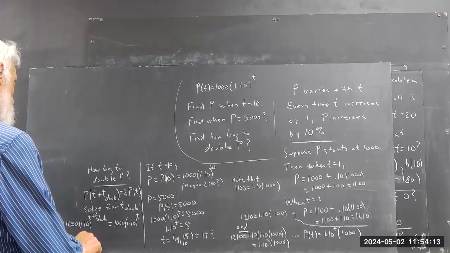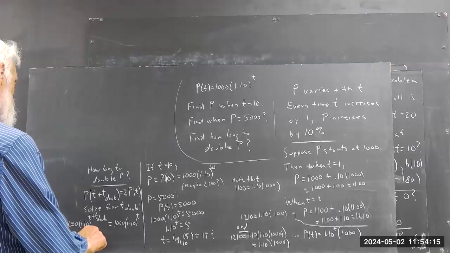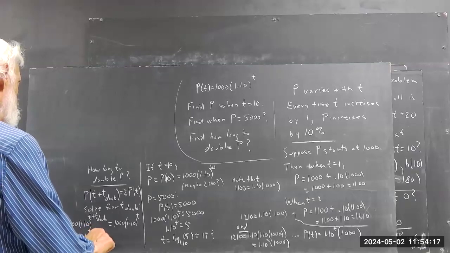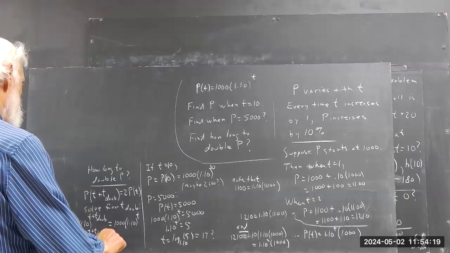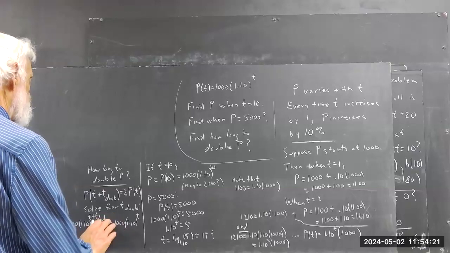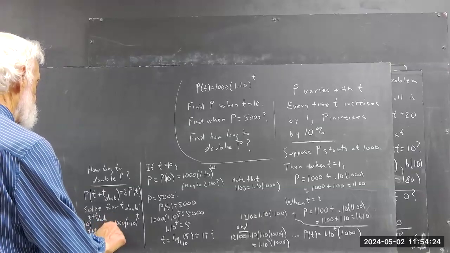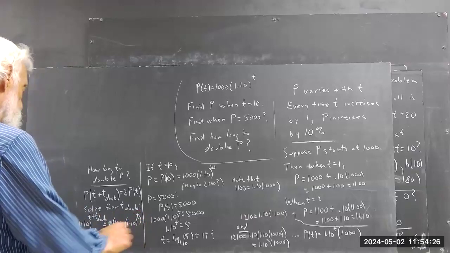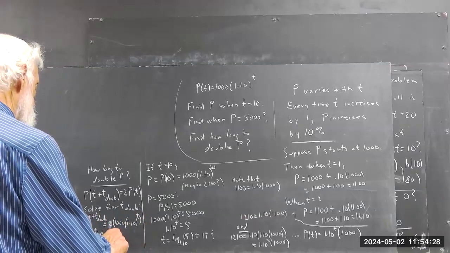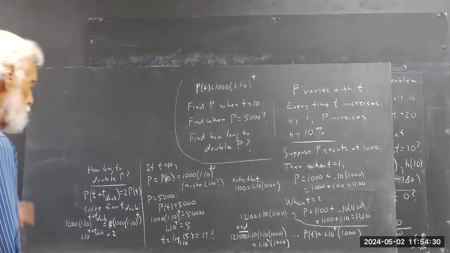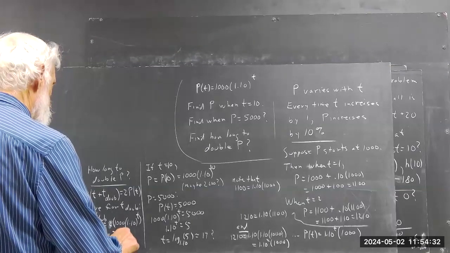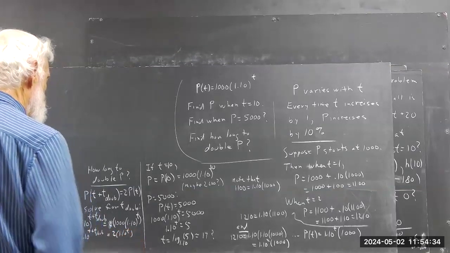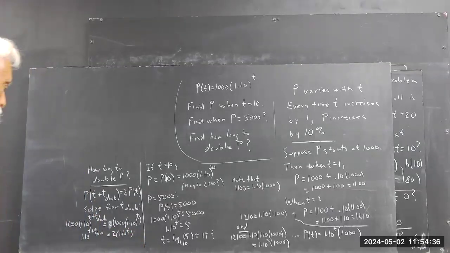We get 1.10 to the T plus T dub equals, over here it should have been 2 times 1,000, equals 2 times 1.10 to the T.